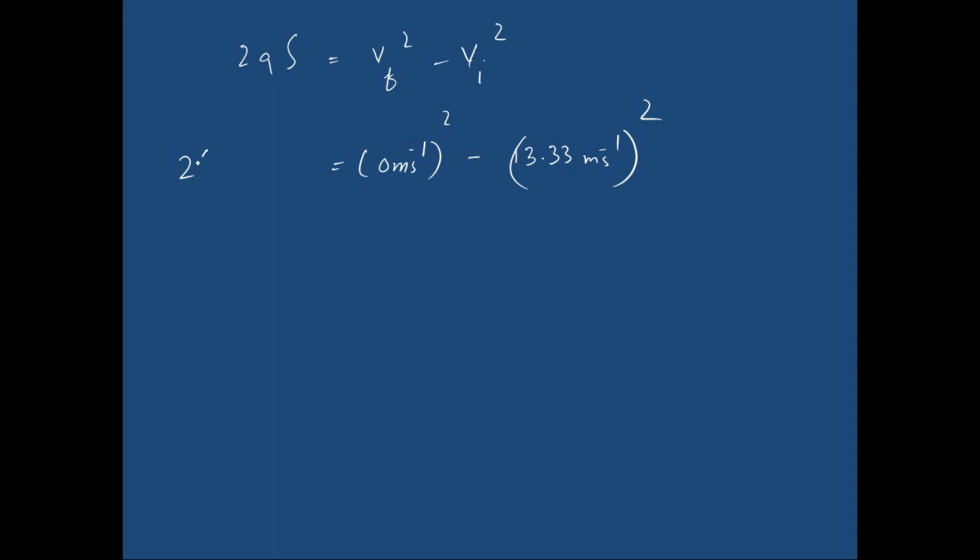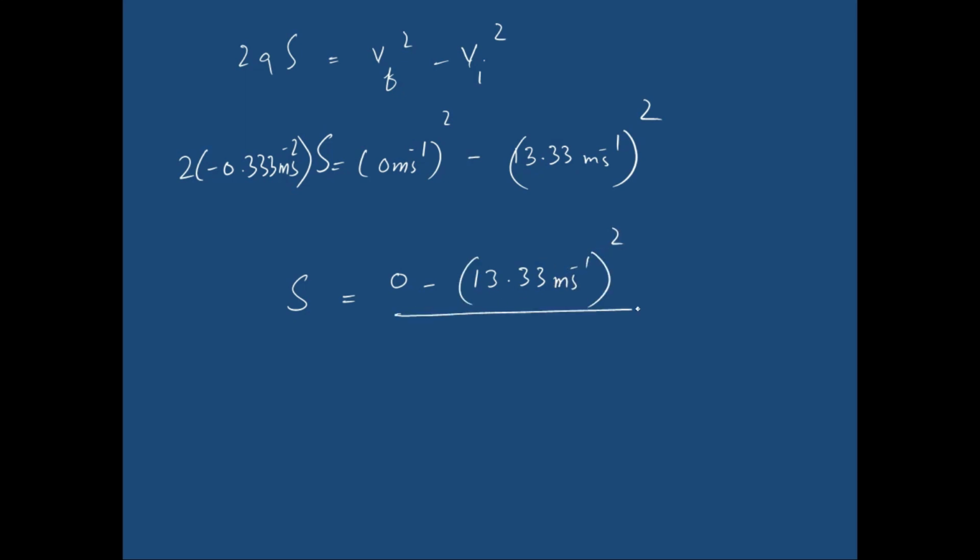So 2 into negative 0.333 meters per second square into s. Now s equals 0 minus 13.33 meters per second whole square, divided by 2 into negative 0.333 meters per second square. So s is equal to 266.8 meters, the distance that the train covered before stopping.